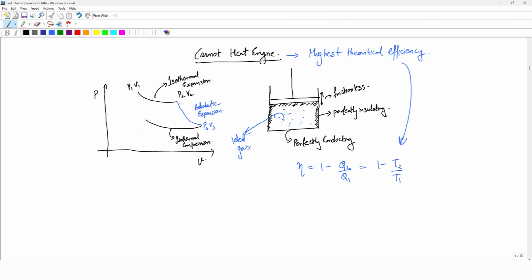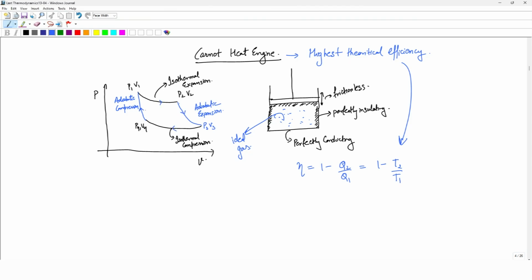That is P4 V4, and finally we are having adiabatic compression. So it goes like this.